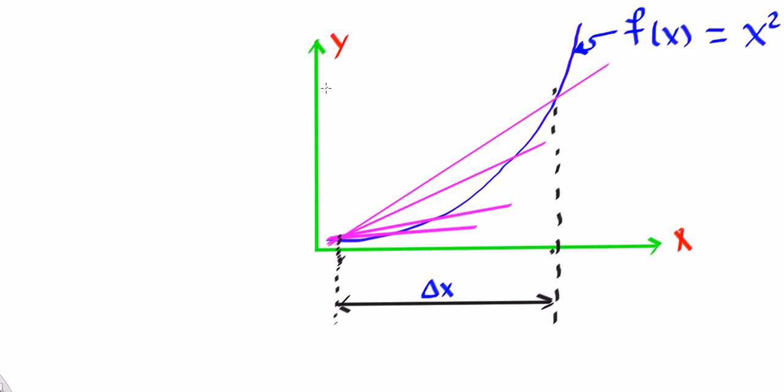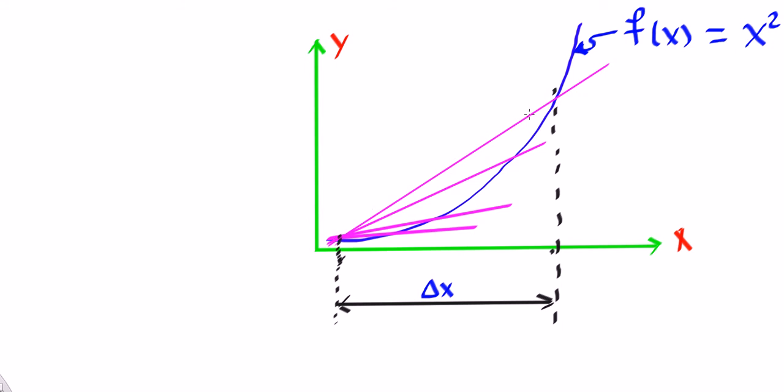Now let's consider we have a function that is not linear, like this one, f of x equals x squared. Okay, so a second degree function or quadratic function. And let's say we draw a secant to this. Now, if I want to take the rate of change of the function at any point, this secant doesn't really allow me to do that.